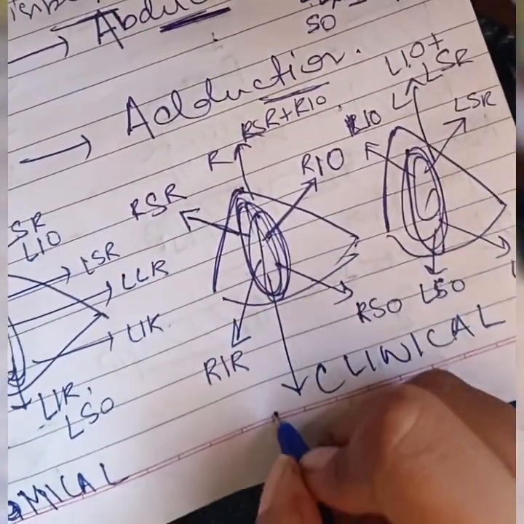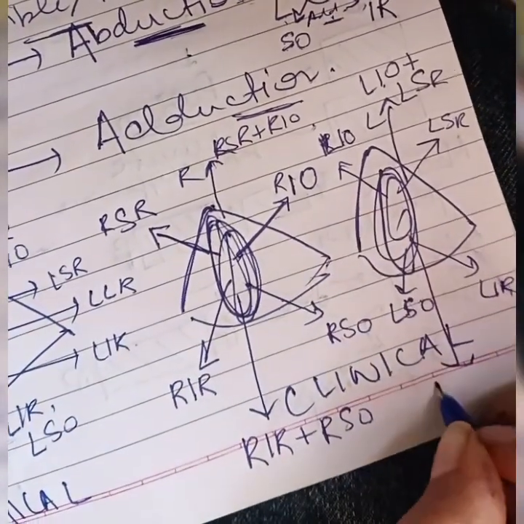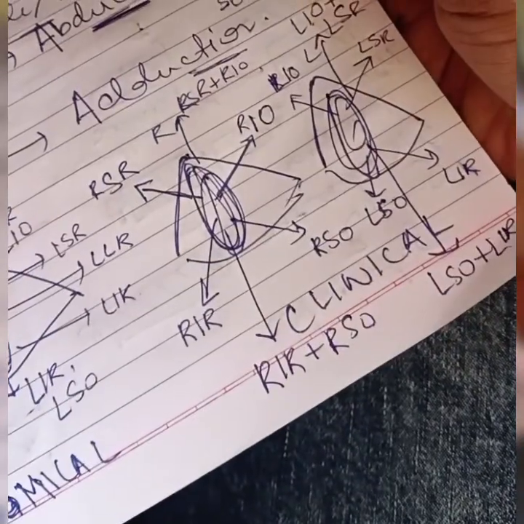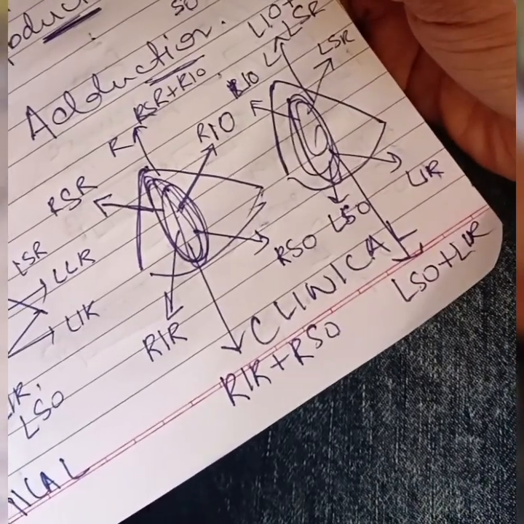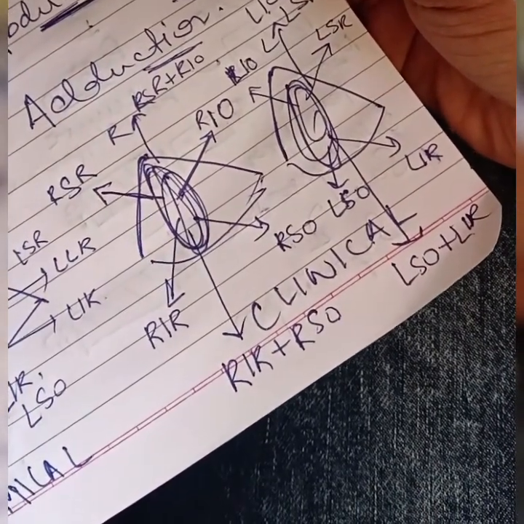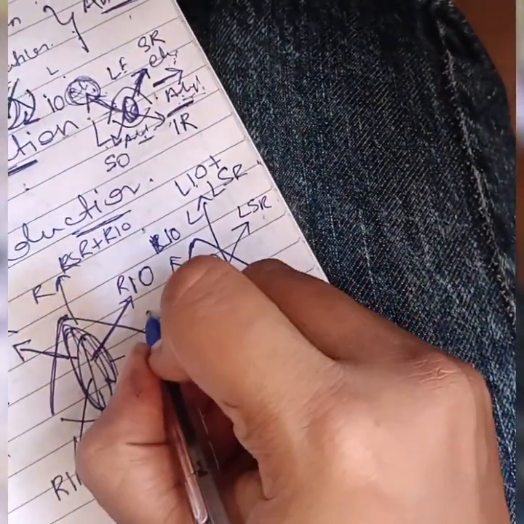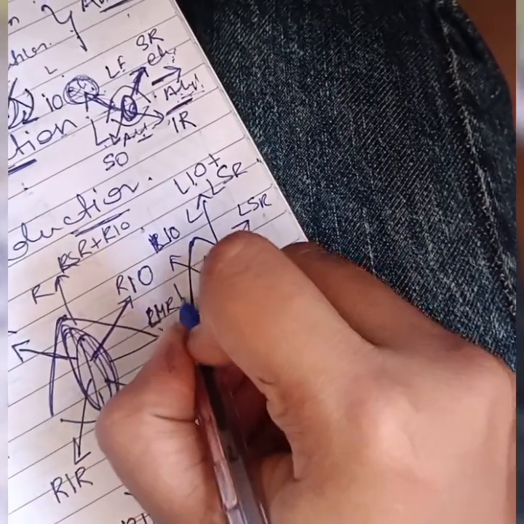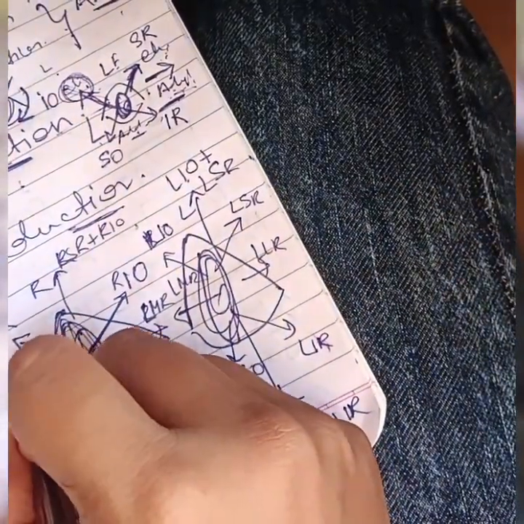Similarly clinical action of depression would be right inferior rectus plus right superior oblique, and over here left superior oblique plus left inferior rectus. This would be all the clinical actions. Other than that, your medial rectus and lateral rectus anatomical and clinical actions would remain the same. That is your right medial rectus and left medial rectus, and your left lateral rectus and right lateral rectus. So these would remain the same.